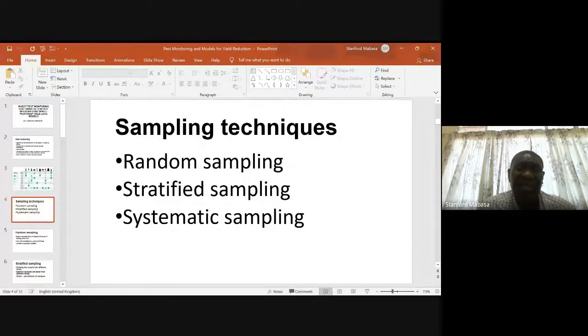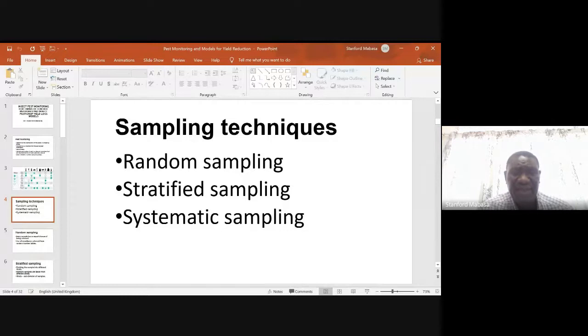Now there are three sampling techniques which can be used. First, we can use random sampling. Second, there's stratified sampling. There's also systematic sampling.